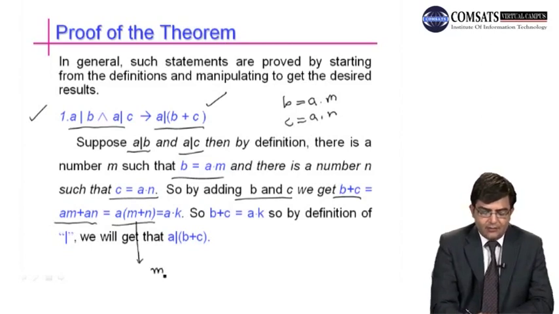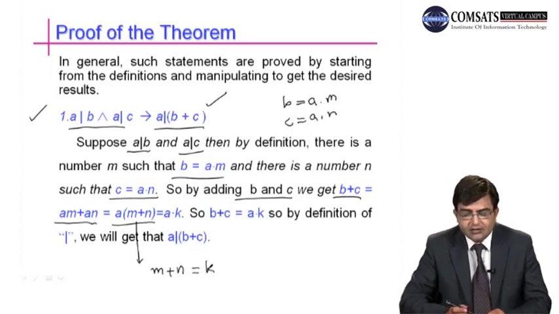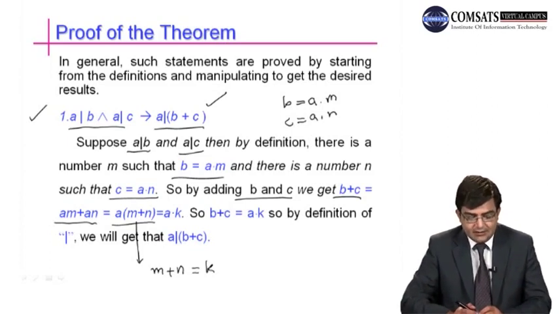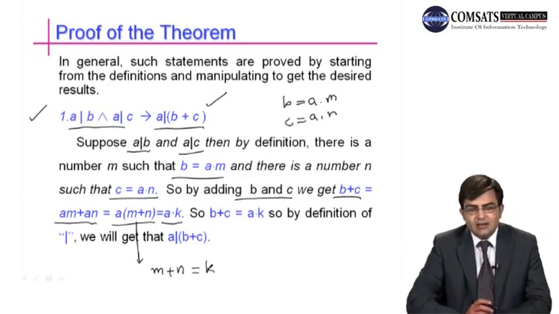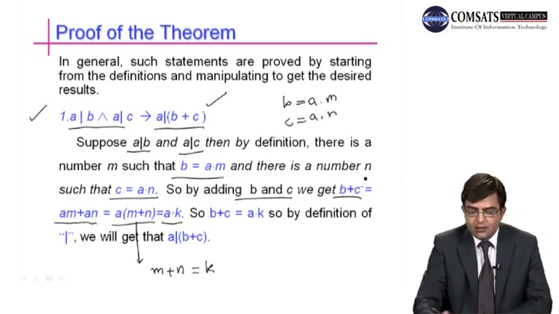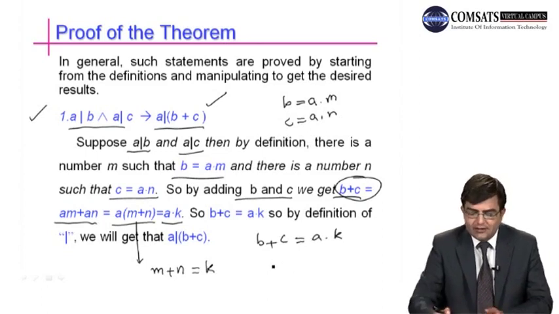Now we take M plus N as some other integer K, because M is an integer, N is an integer, so the sum of two integers is again some integer. So we write it as A into K. Now B plus C is written as A into some integer K. So what does it mean?